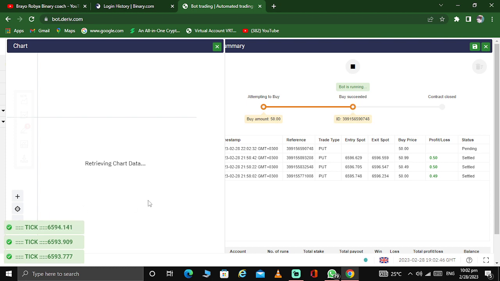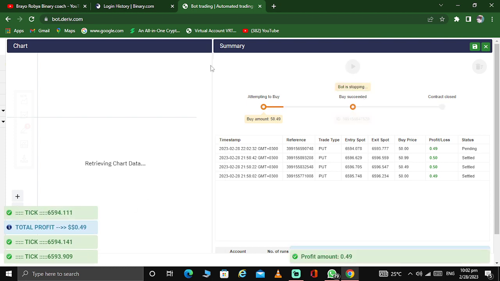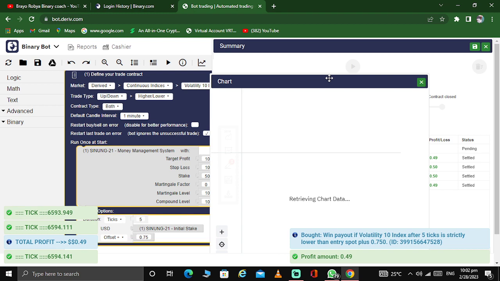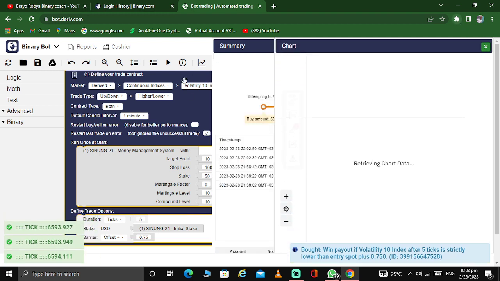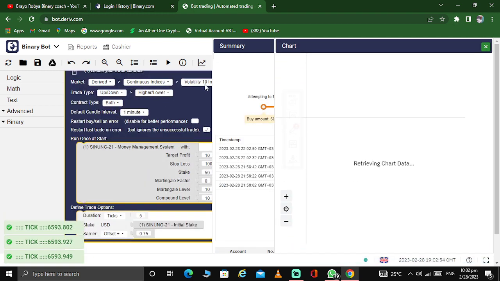I don't know why it's not opening the graph again, but instead of doing that, let me do something here. I can just try and change, let me stop it.